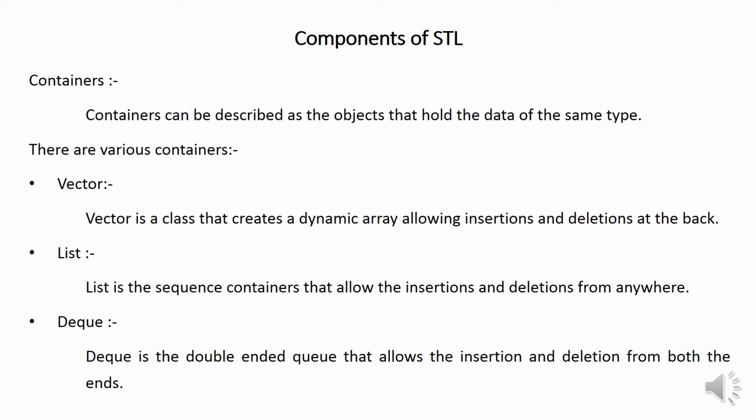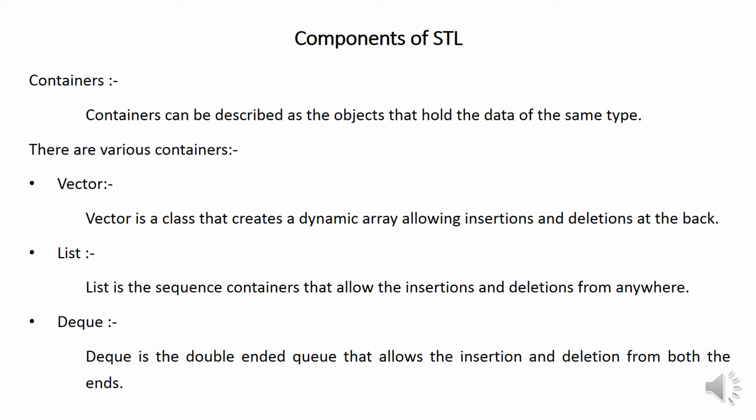So first, what is a container? A container can be described as an object that holds data of the same type. Like an array, which holds data of the same type, a container also holds data of the same type.